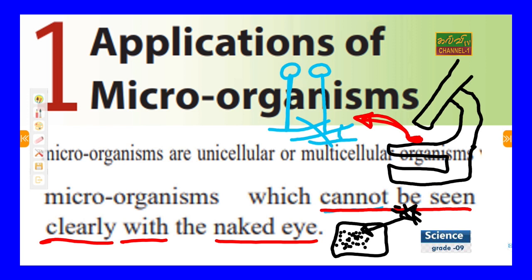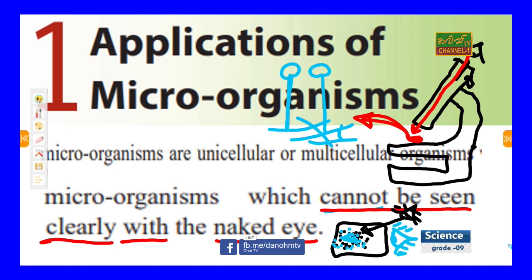In the example I have mentioned here, on the bread you can see the layer, but it is not clear with the naked eye. It is very difficult to identify the microorganism. When you use the microscope, you can see the specimen clearly, right?